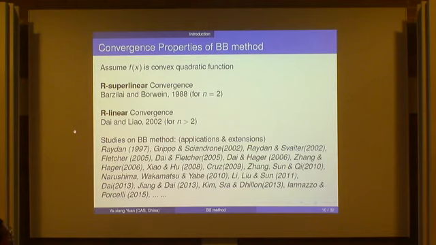I think the last 2 years were not good years for the optimization community. That stimulated a lot of research on the BB method, particularly on convergence, not only for quadratic functions but also for convex functions, and how to extend it in general, because the original Barzilai-Borwein paper studied only n equal to 2 and got some interesting results.